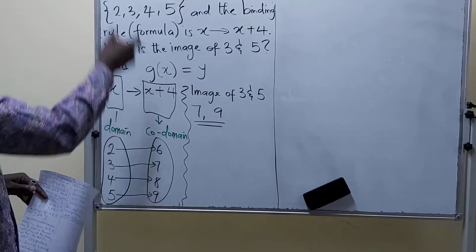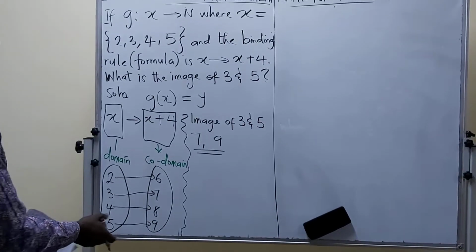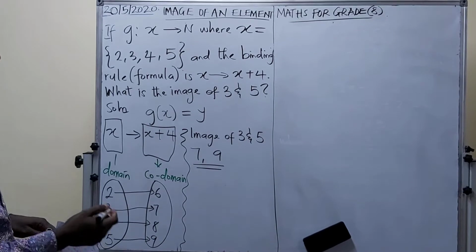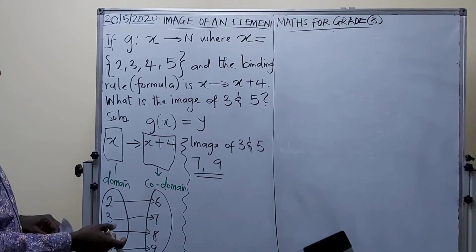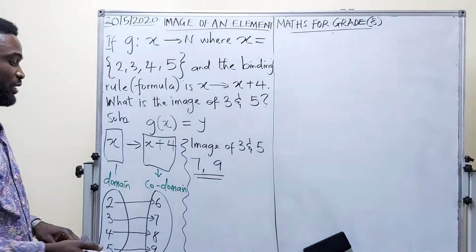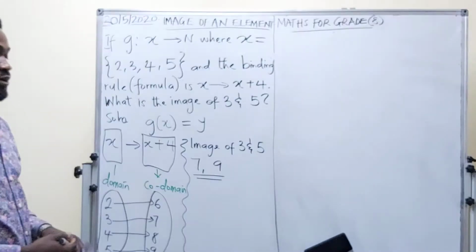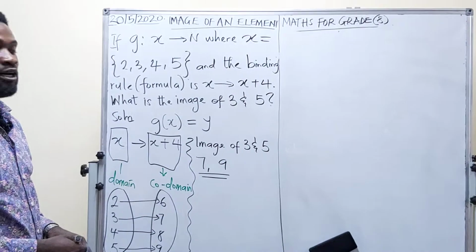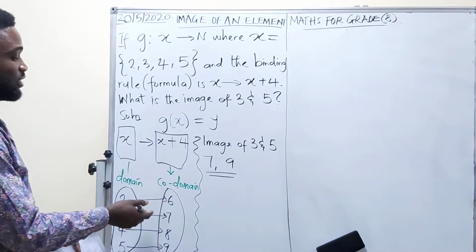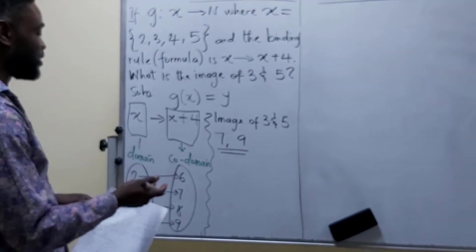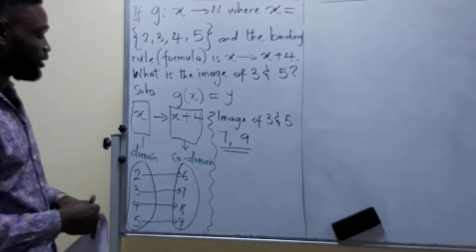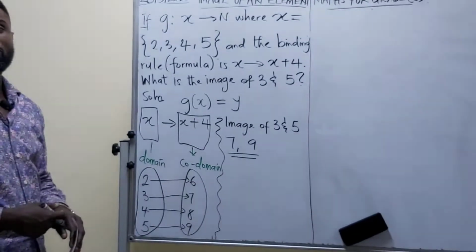They can ask you a lot of questions under the same question. Like, for example, you can be asked to write out the range of this application. They can ask you if this is an onto application. You all know when the range is equal to the codomain, that is when you have onto. They can ask you if this is 1-to-1.